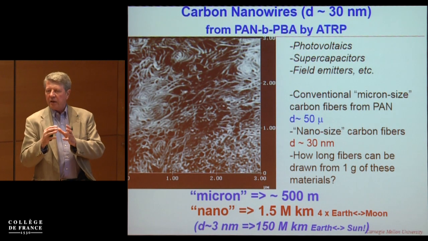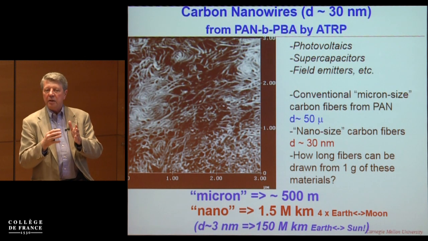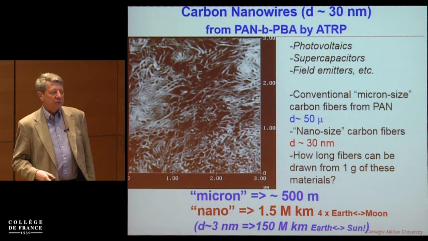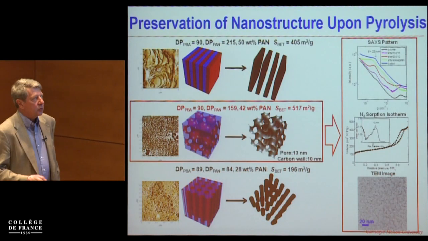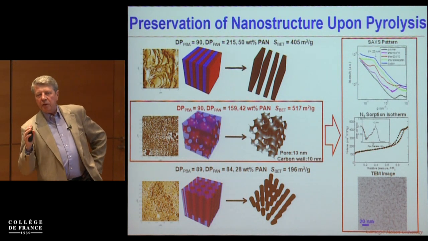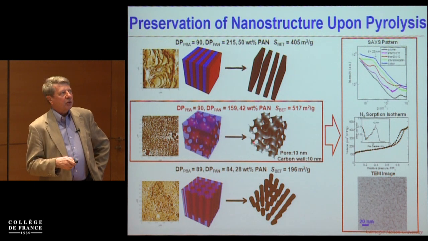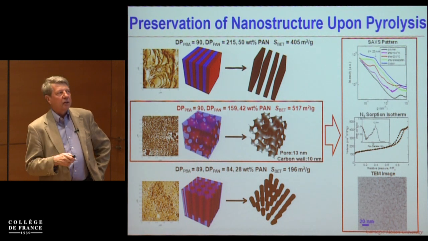So, of course, it's a very large surface to volume ratio, very important for making nanocomposites, for dispersing them in various types of matrices. So I showed you lamellae, I showed you cylinders, but probably the most interesting may be the bicontinuous structure. This bicontinuous structure depends on the volume fraction, depends also to some degree on the dispersity of both blocks.